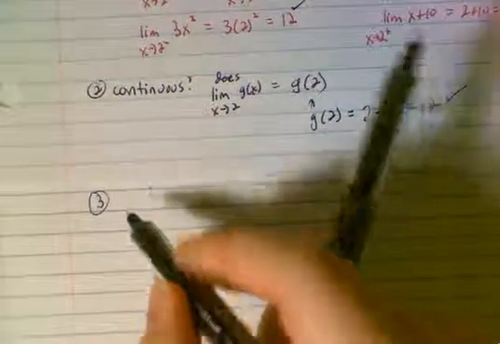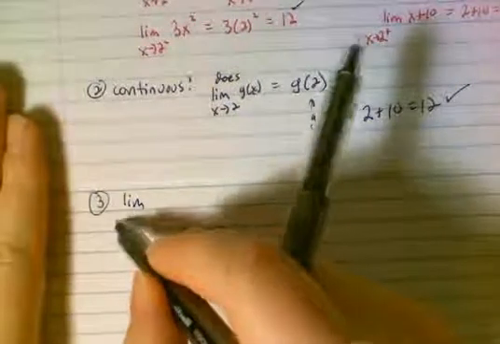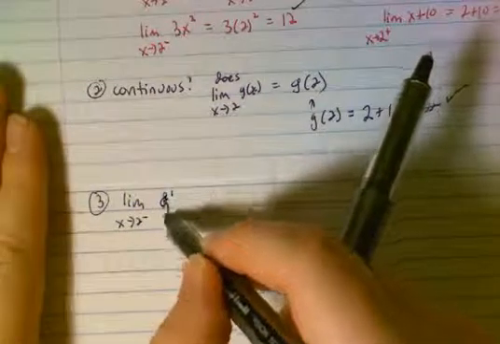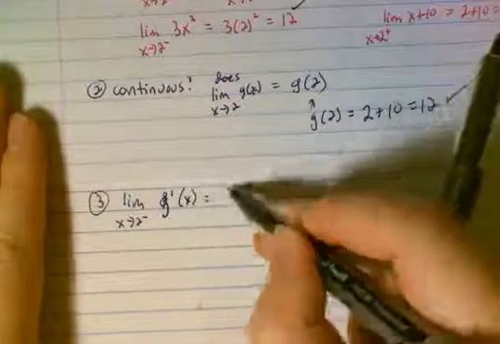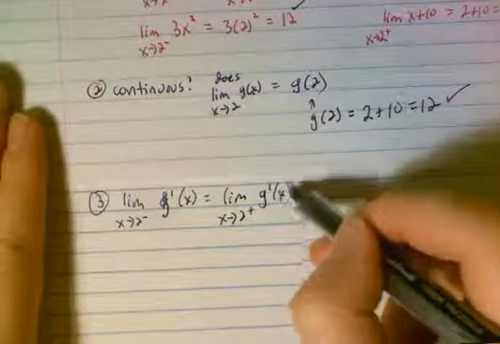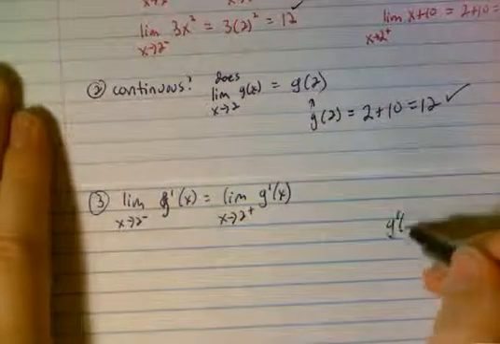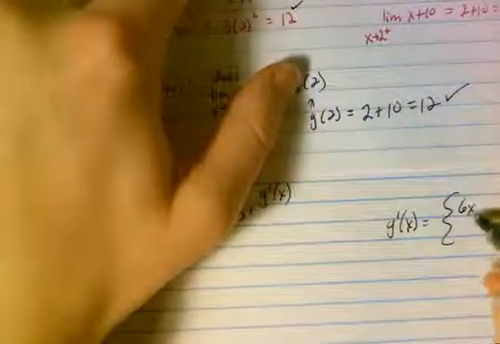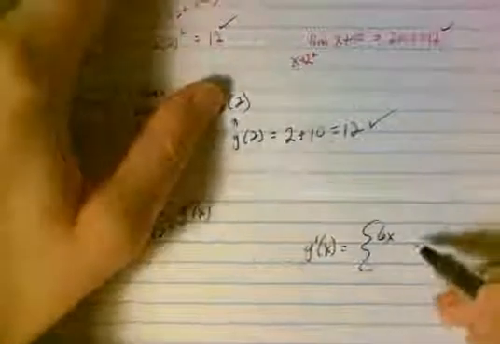is f of x differentiable? So that means that the limit as x approaches 2 from the left of g prime of x equals the limit as x approaches 2 from the right of g prime of x. So g prime of x, if we take the derivative of 3x squared, that's 6x.